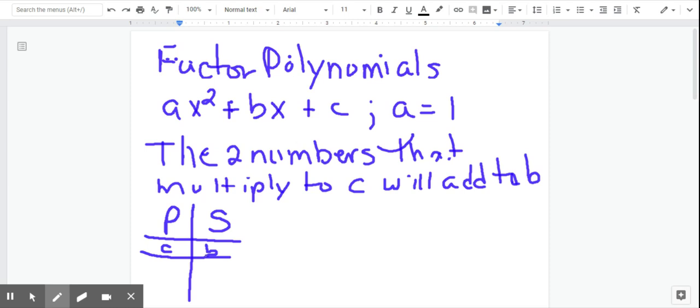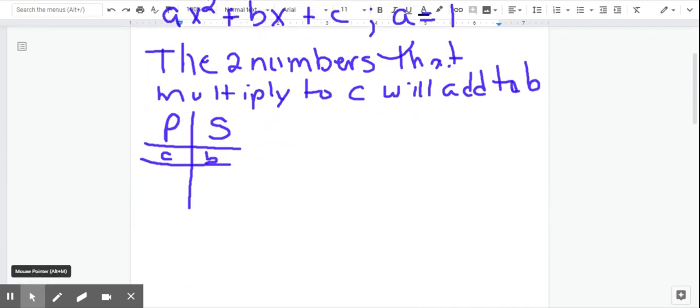All right. So now we're going to factor. So our first example will be x squared plus 6x plus 5.